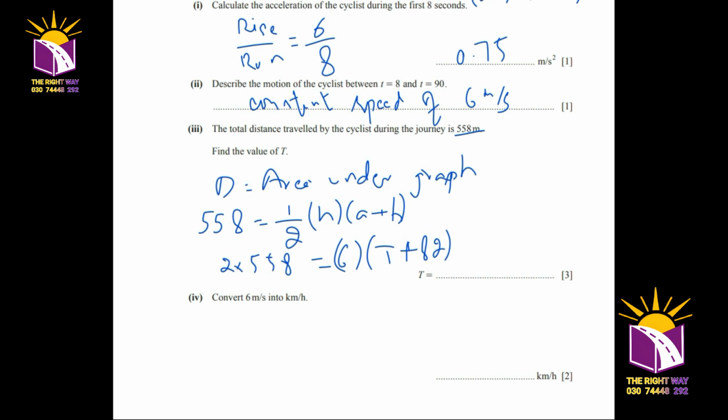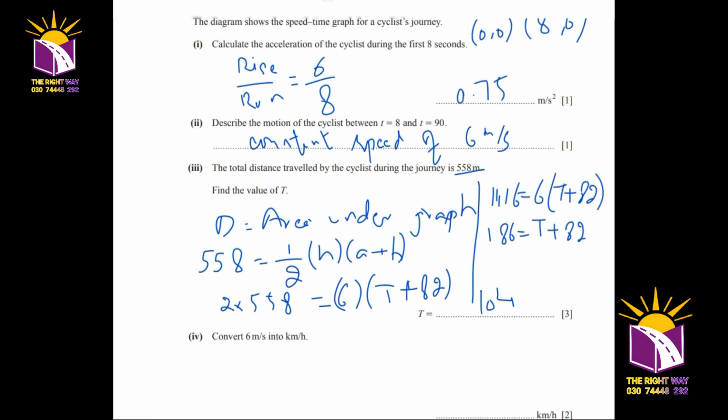So 2 multiplied by 558, 1116, equal to 6 times t plus 82. Dividing by 6, 186 is equal to t plus 82. 186 minus 82 will be equal to 104. So the time t will be equal to 104 seconds.